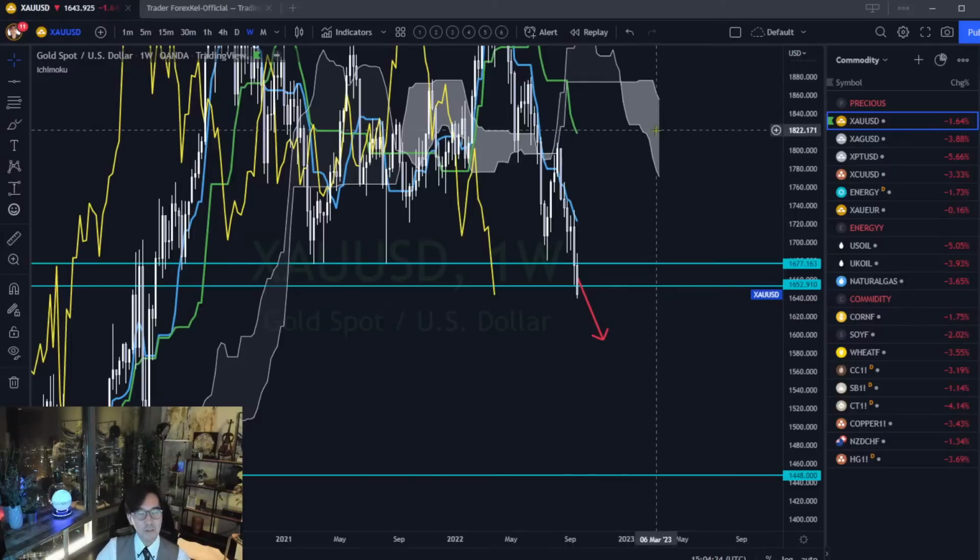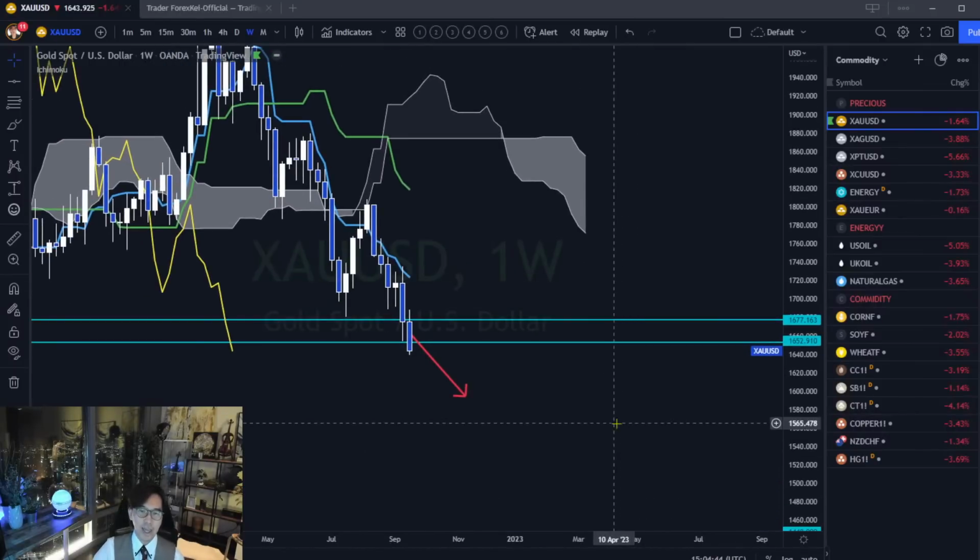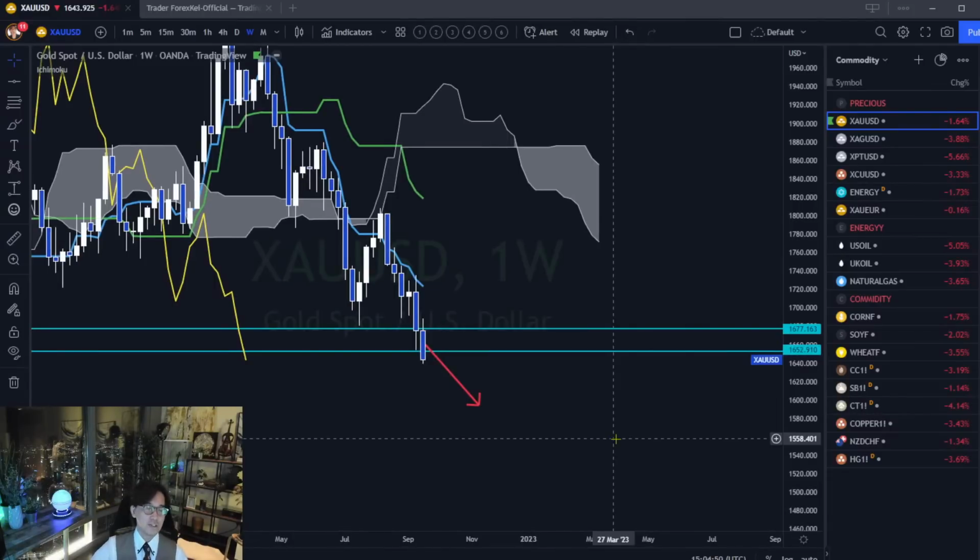Let's say when you see Kumo flat, Kijun Sen flat, that means the market is now in consolidation. Or a Chikou Span touch also means the market is ranging. So when you see a consolidating market, that means the market can go up and down 50-50%. And we never take the 50-50 chance on trades.